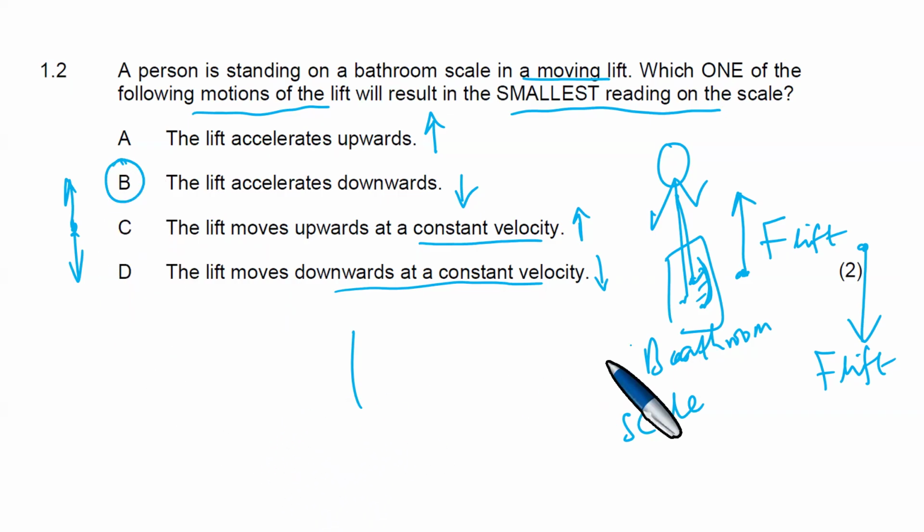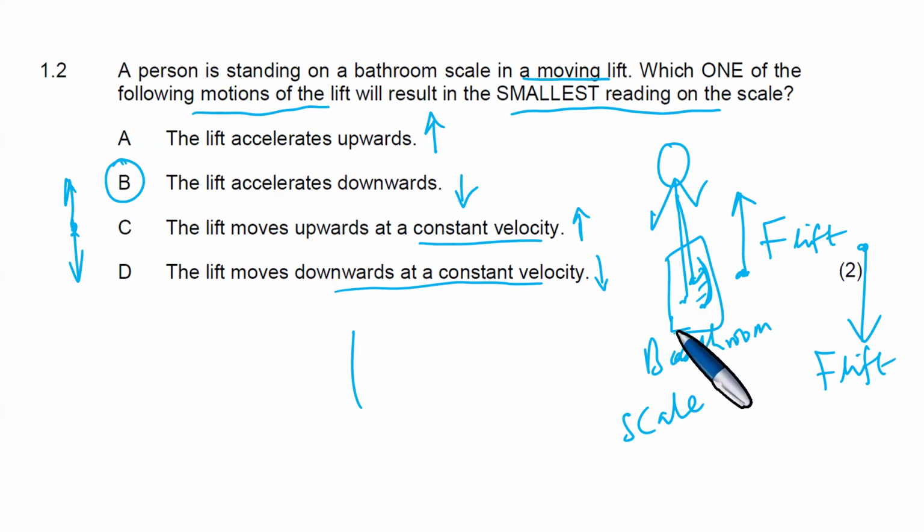Because if it's upwards, then it is pushing the bathroom scale against the shoes of this person, against the feet of this person, increasing the magnitude of the force of contact, and therefore increasing the reading on the bathroom scale. But if this lift is to go down, then the opposite happens.